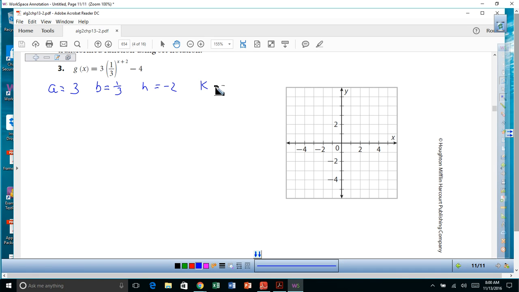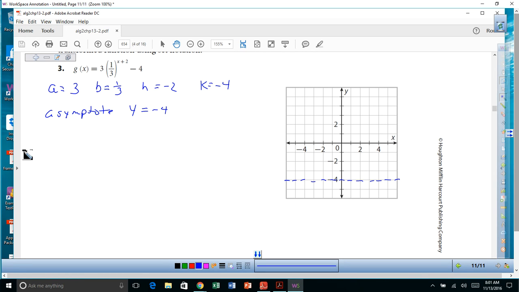What is K? -4. So the asymptote is y equals -4. So let's find -4 here, and we'll draw that. There's our asymptote.